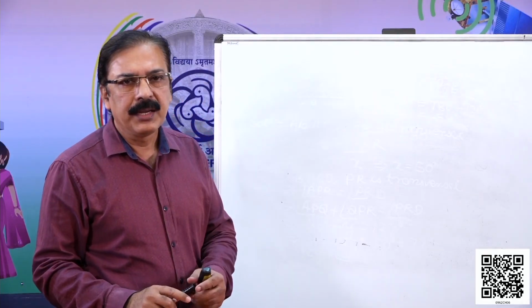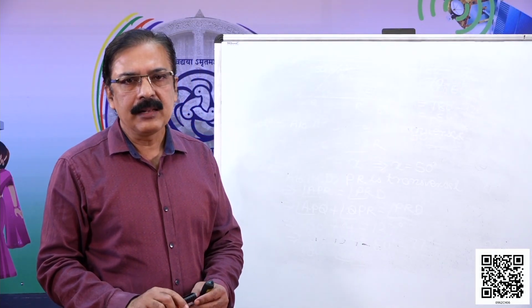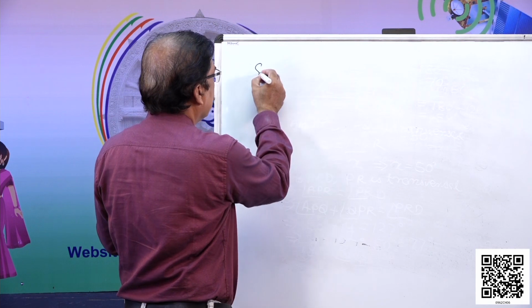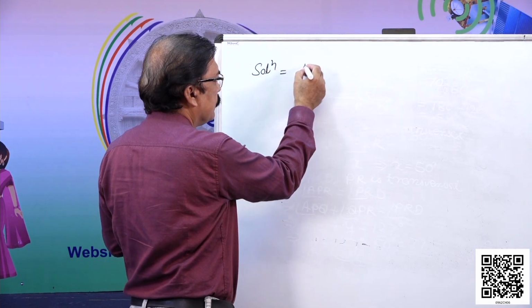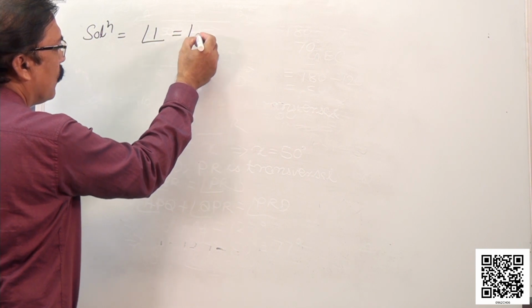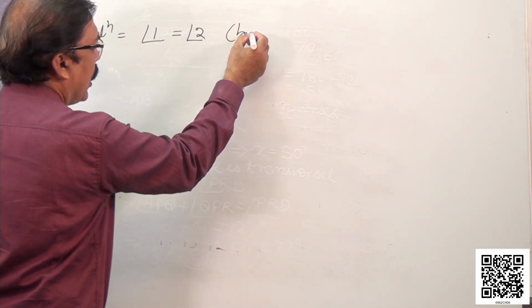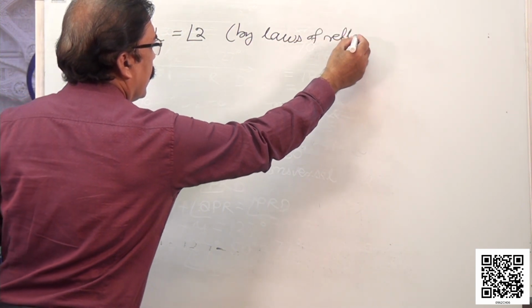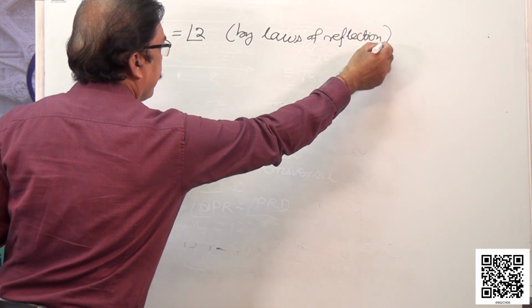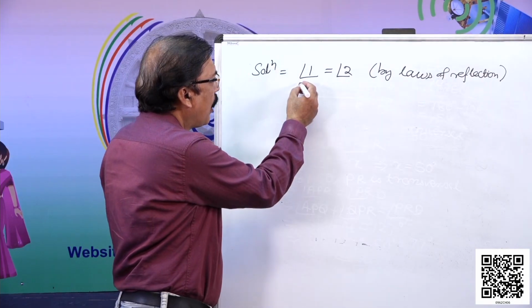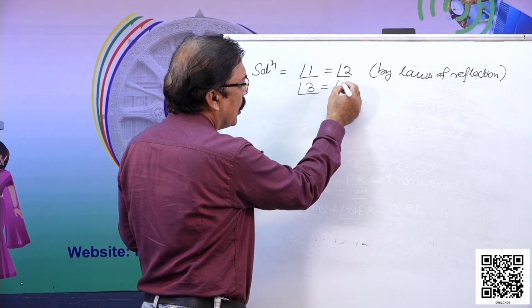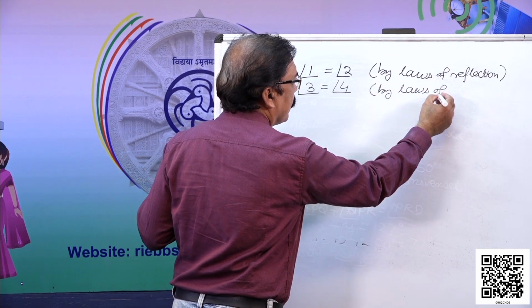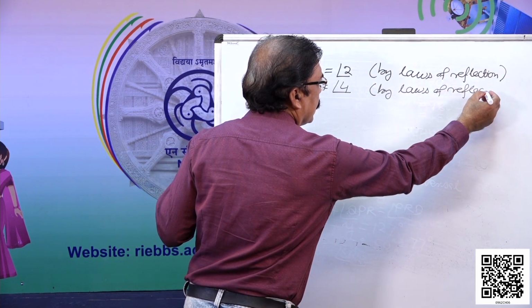So using this law, we can solve this. As we see in this figure, angle 1 and angle 2 are equal, by laws of reflection. Similarly, angle 3 is equal to angle 4, again by laws of reflection.